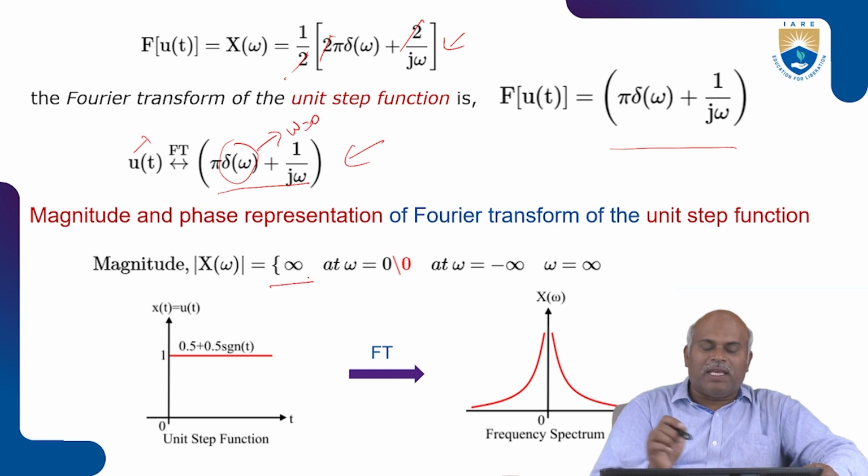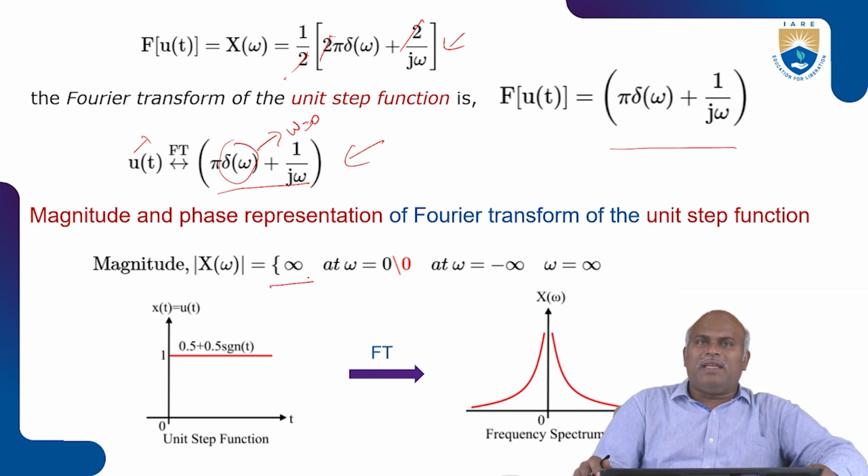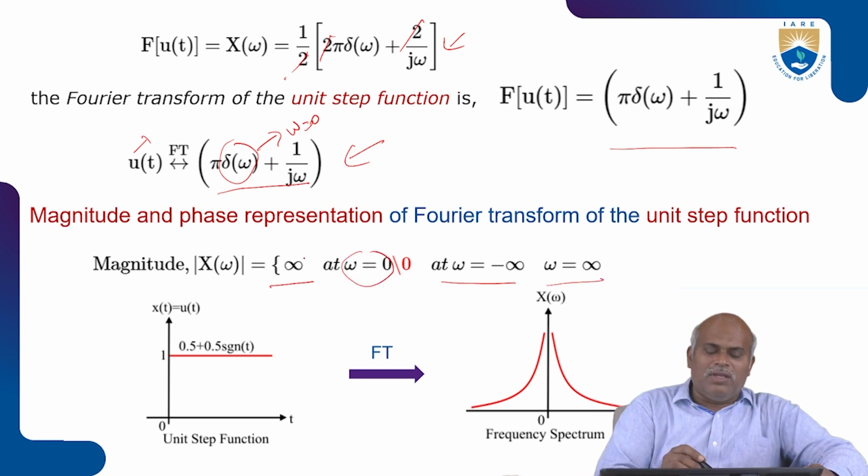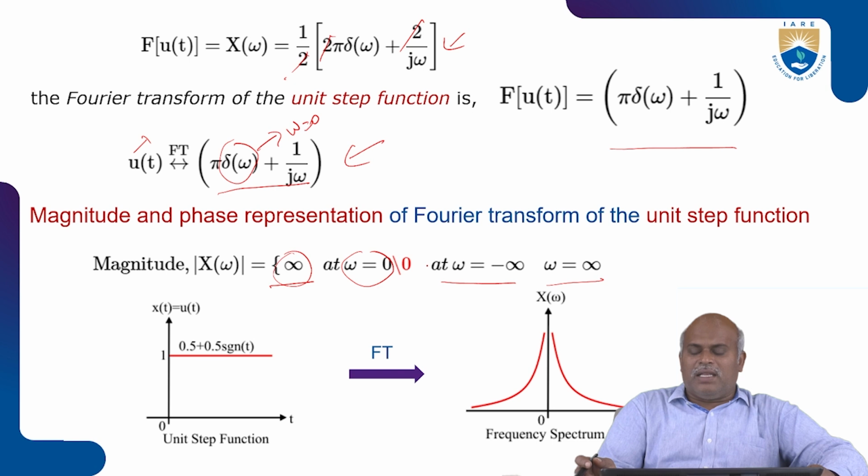Due to that, I write mod of X of omega equal to infinity at omega equal to 0, or 0 at omega equal to minus infinity or omega equal to plus infinity. Only when omega is 0 is it represented as infinity. The remaining portion is 0 at omega equal to minus infinity as well as plus infinity.